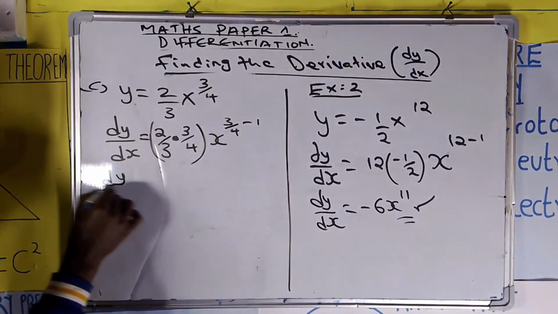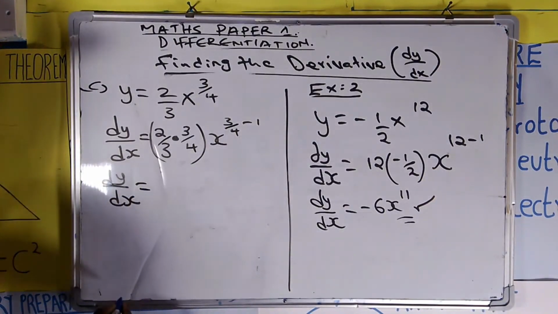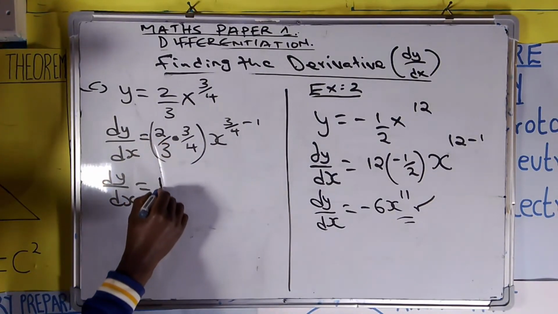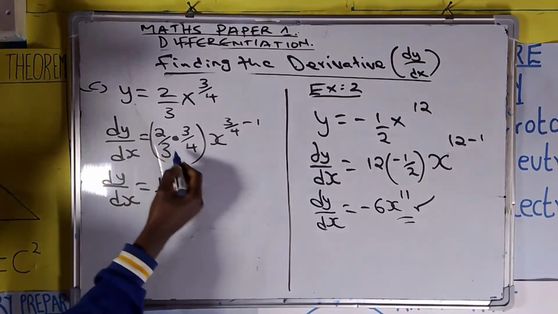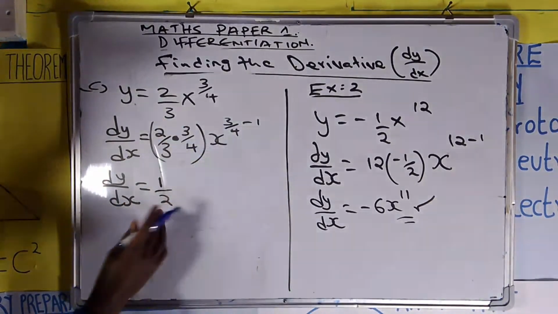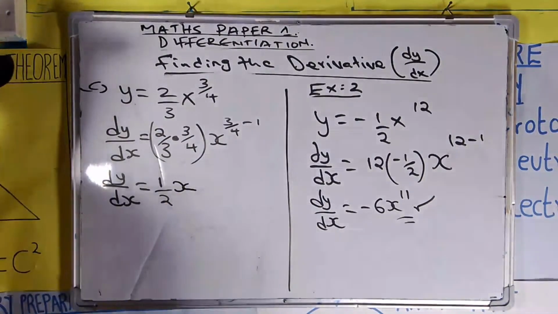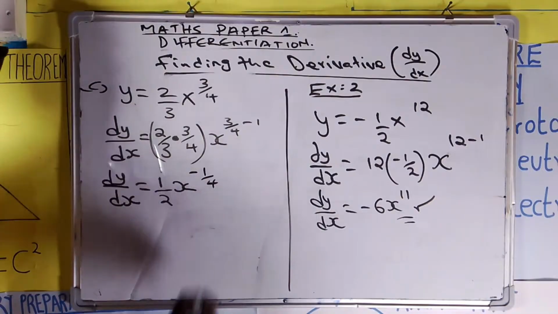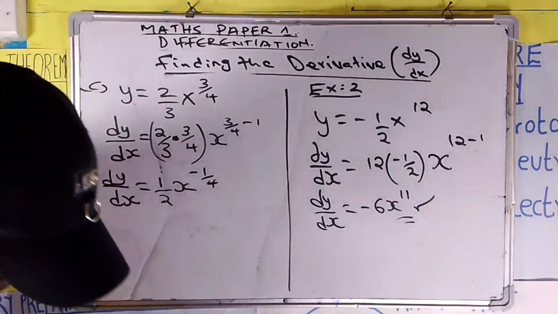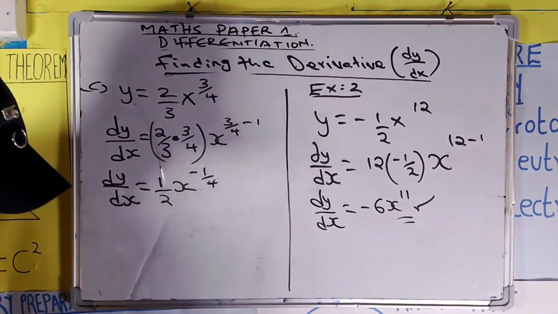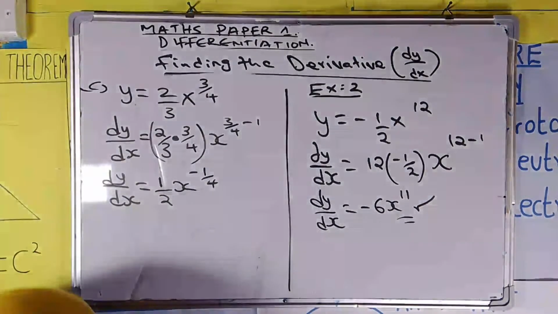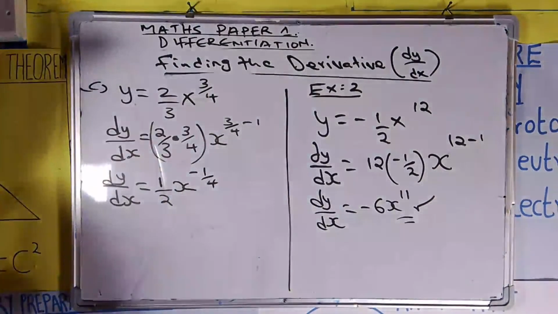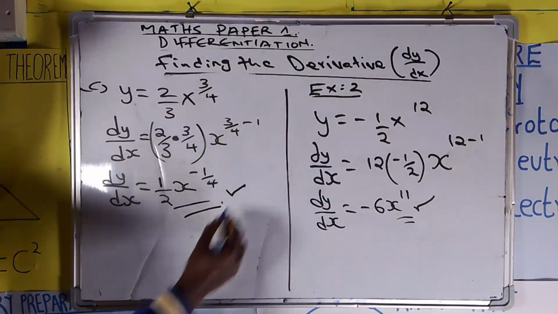This will be equal to a half, because 3 cancels with 3 and 2 with 4, so it will be a half x. Then 3 over 4 minus 1 gives the power negative 1 over 4. I think we are done with that one.